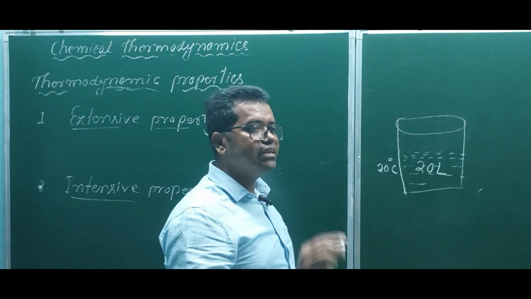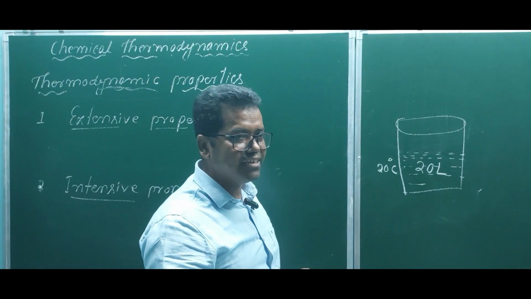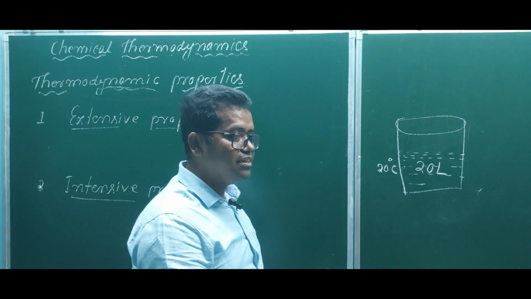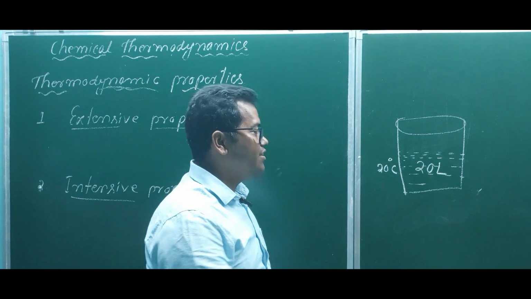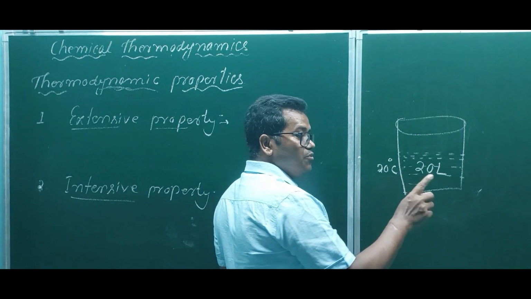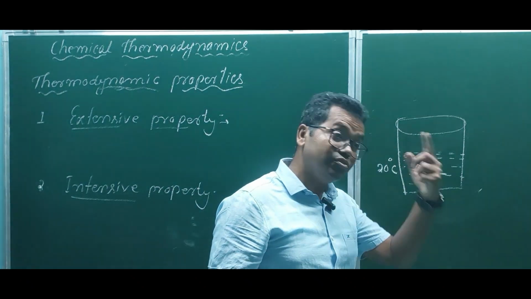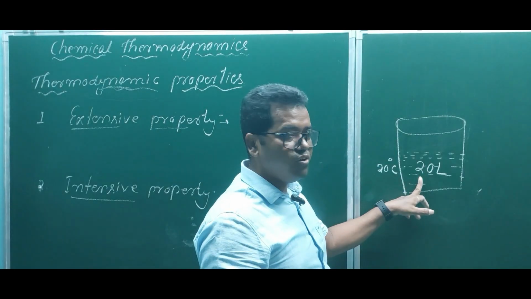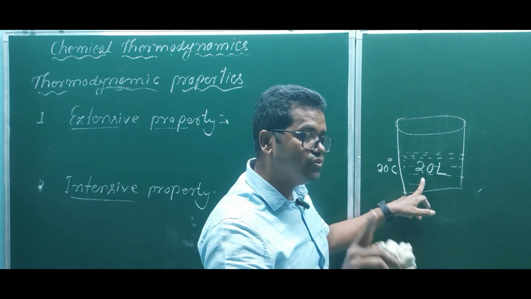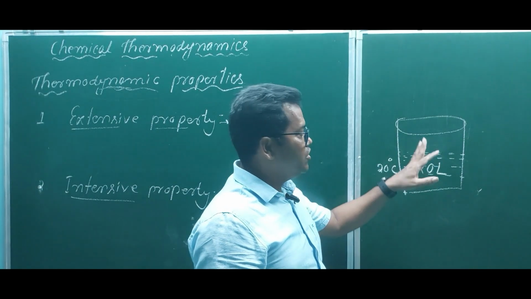Now, what will be the temperature of 1 liter? Obviously, it is not 1 degree. So the temperature of 1 liter is also 20 degrees. Even one drop of the liquid is also 20 degrees centigrade.